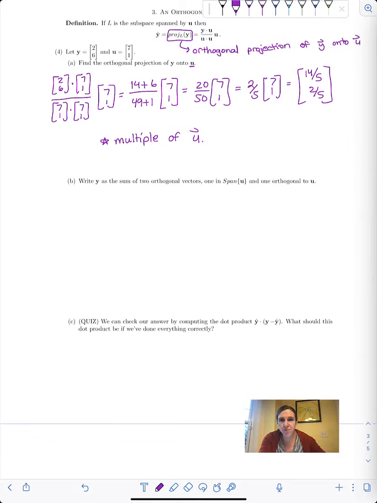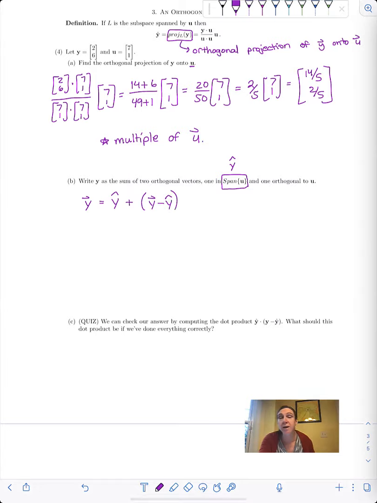Okay, so if we want to write y as the sum of two orthogonal vectors, well, we can write one vector in the span of u. And in fact, remember the span of u is all multiples of u. So that's exactly this vector y hat. And if we want to write y as the sum of y hat and something else, the easiest something else we can use is just y minus y hat.